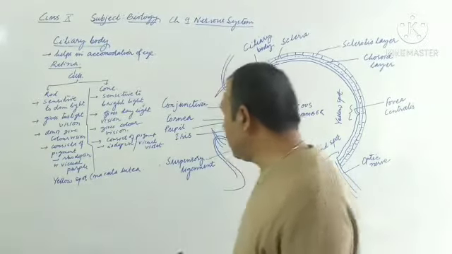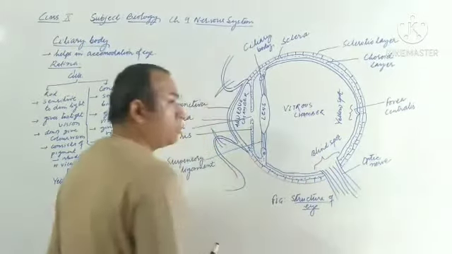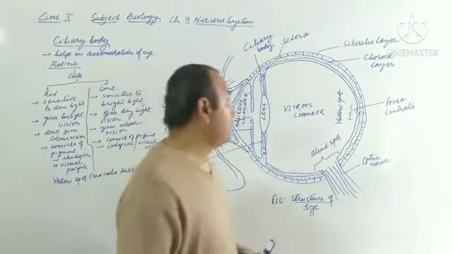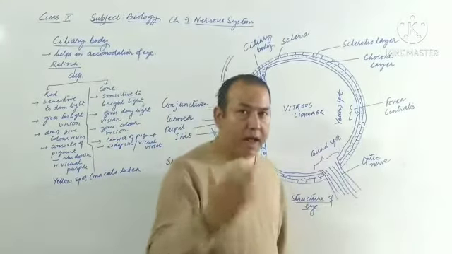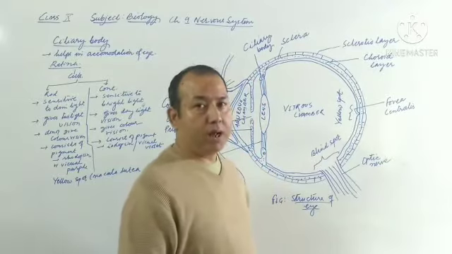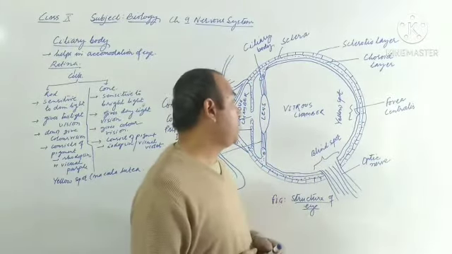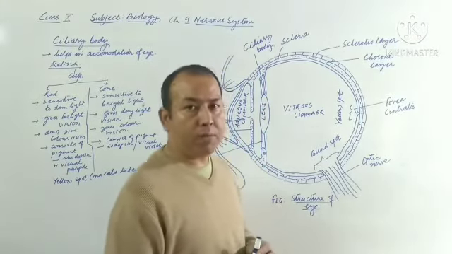Now after that comes the yellow spot. To be more biologically correct, it has another name, macula lutea. Yellow spot is also called macula lutea.